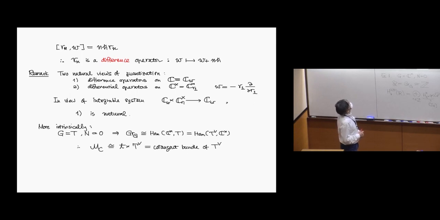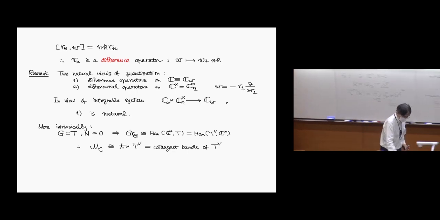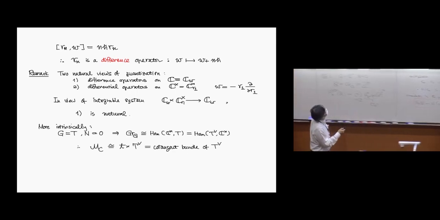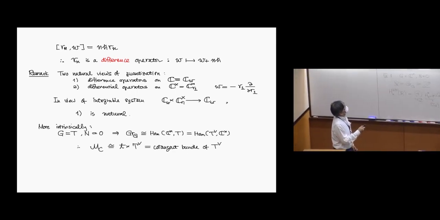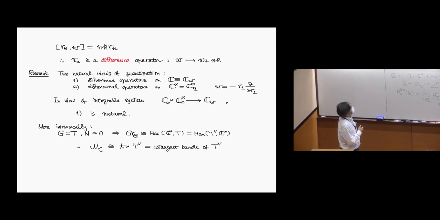If you consider the difference operator, so if you shift the variable W to be W plus nħ, so if you define Rn as a difference operator given by this formula, then the commutator of Rn and W is equal to nħ times Rn.